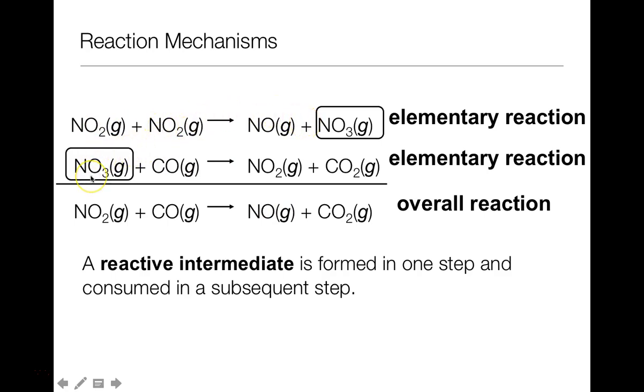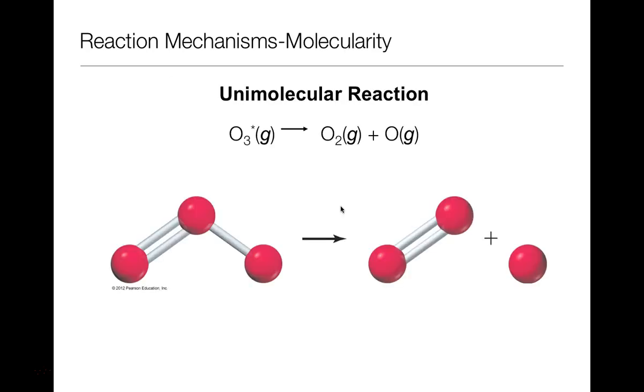There needs to be 1 molecule of NO3 and 1 molecule of CO to form that. So we have a molecularity of 2, a molecularity of 2. We cannot assign molecularity to an overall reaction because it's combined of several intermediate steps, these elementary reactions. You can only assign molecularity to elementary reactions.